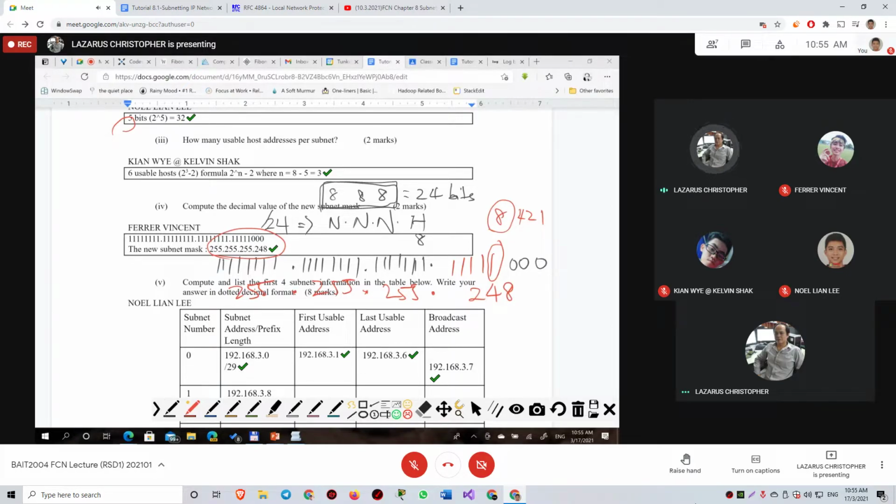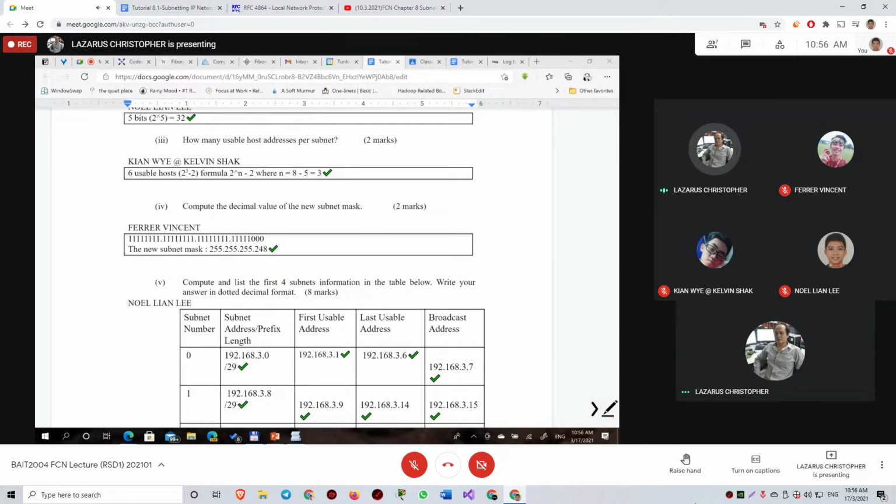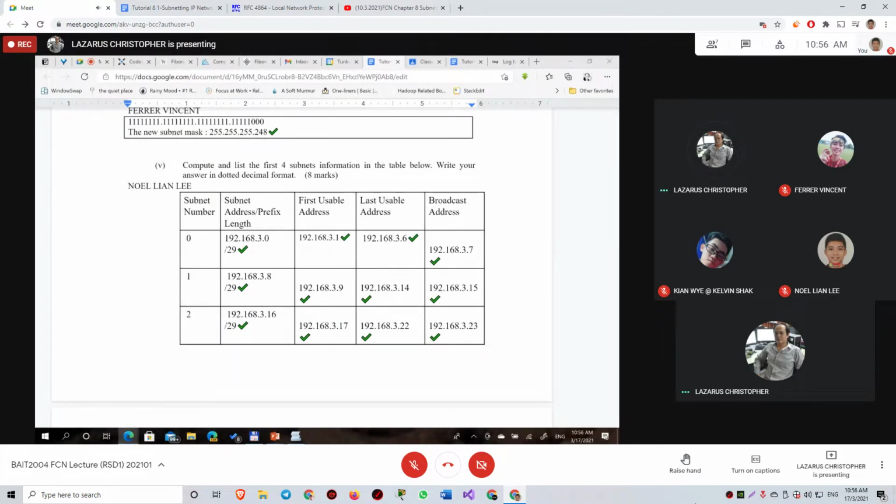So remember, the last bit on the subnet mask, the value of that position in decimal, indicates the magic number. Here the value is 1, 2, 4, 8, so 8 is the magic number. Why is that important? Have a look here in part 5. We know the first subnet is 0.